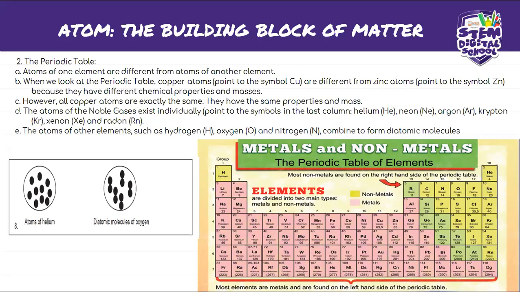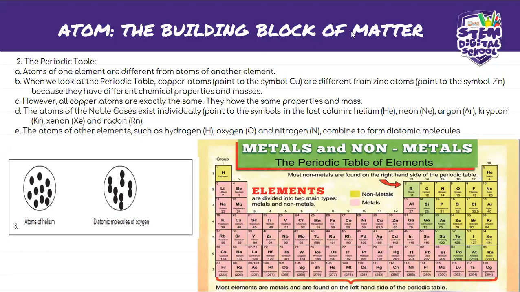Okay, so let's go to point B. When we look at the periodic table, for example, copper atoms. Can you see the copper atom there? Which number is copper?